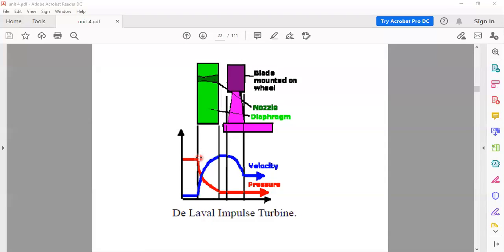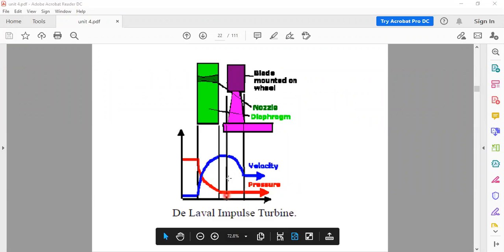After going through the nozzle and removing from the nozzle, at that time our pressure energy is low, pressure is low and velocity is very high.